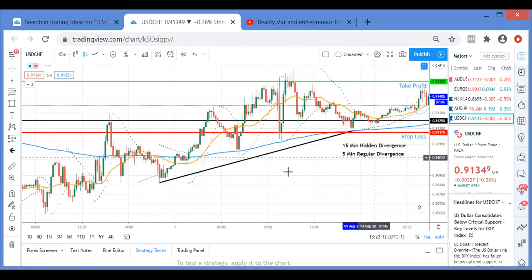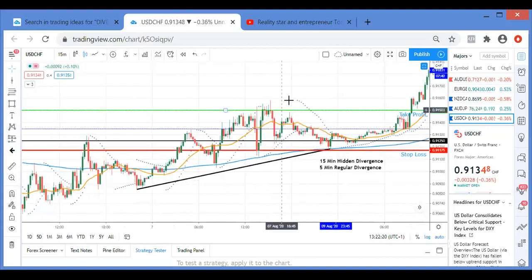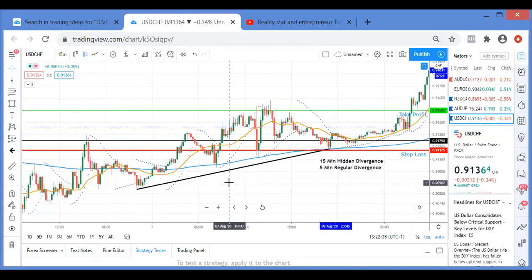I see the market is above the 200 moving average, so I'm looking for a buy. If I'm looking for a buy, I need to see lows on my MACD. Look, there's this low and there's this low, but this low is higher than this low. That's what you want. So that's the first one confirmed. But now on the MACD, we want to see this low lower than this low.